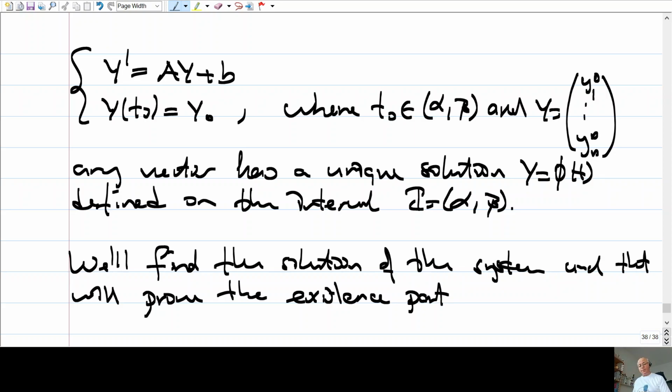Yani çözümü bulacağız zaten. O da çözümün varlığını kanıtlayacak.